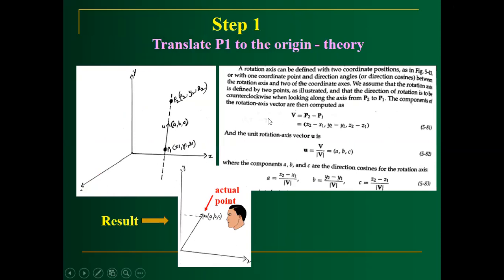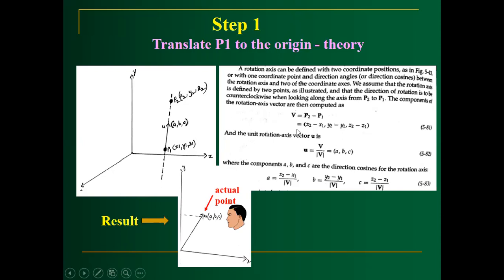You can see here the components of the rotation axis vector is ABC, which is the vector divided by its magnitude. What is A? It is x2 minus x1 divided by the magnitude. V is equal to P2 minus P1, so x2 minus x1, y2 minus y1, z2 minus z1.